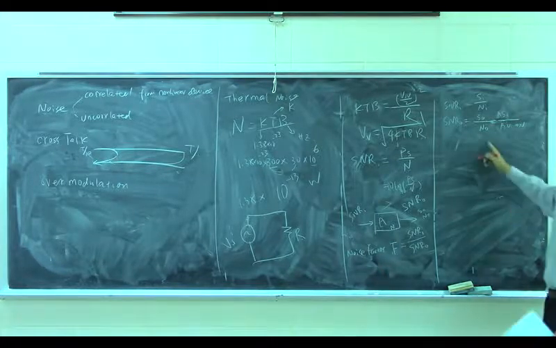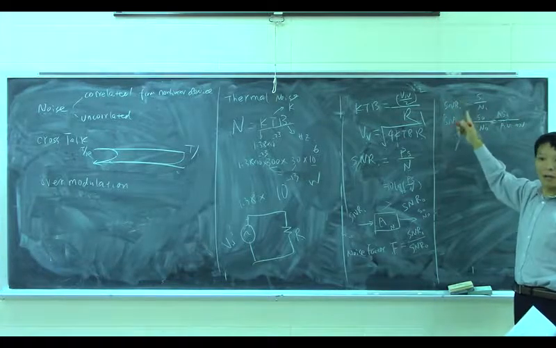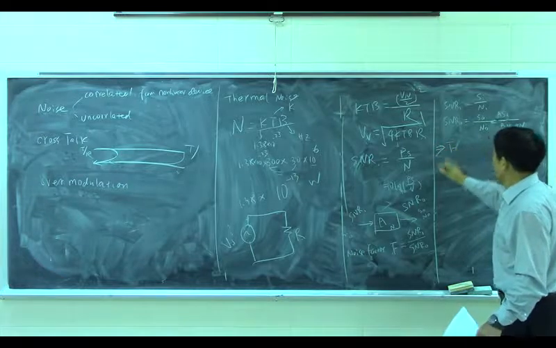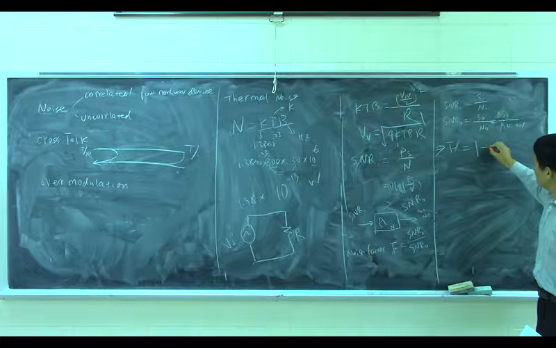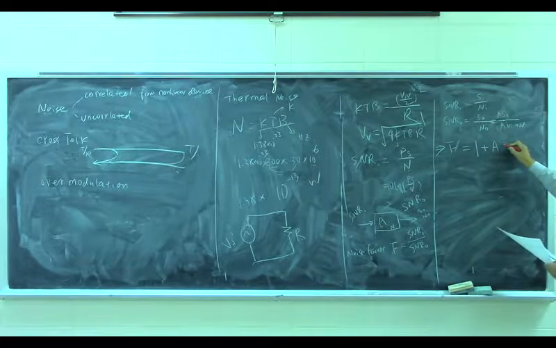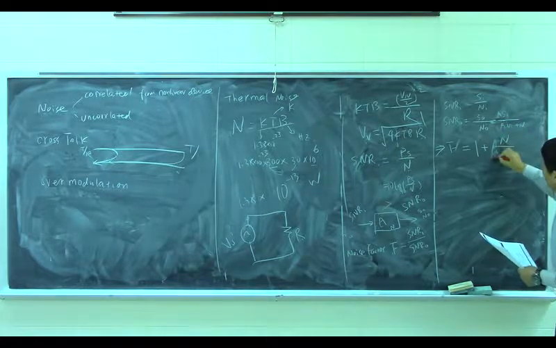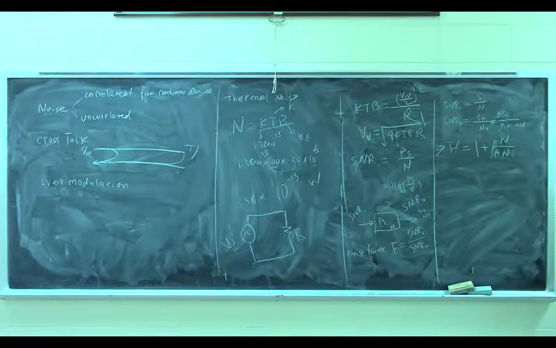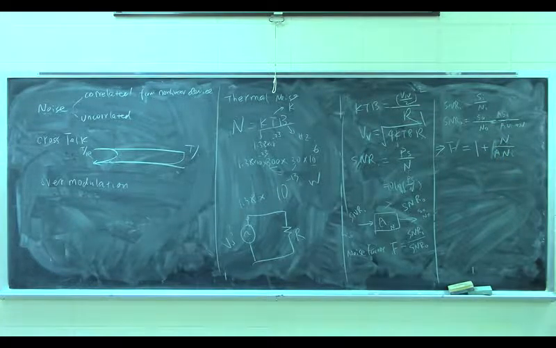Now we have this, and we use this one divided by this, we get F. So F will be equal to, you do the math, very simple, 1 plus Na over A times Ni. So the noise factor equals 1 plus additive noise divided by A divided by input noise.